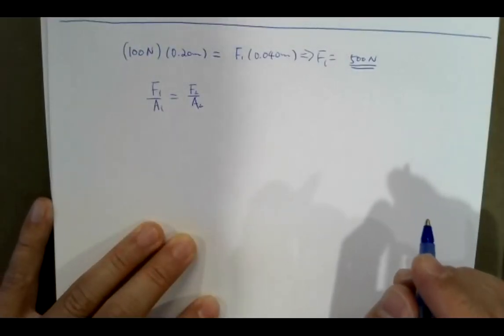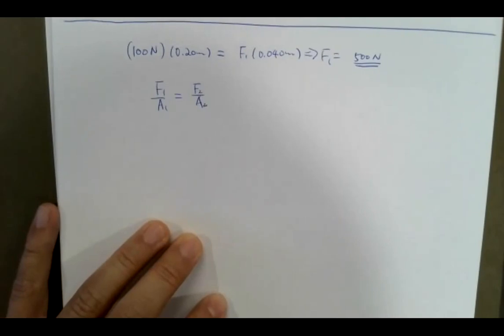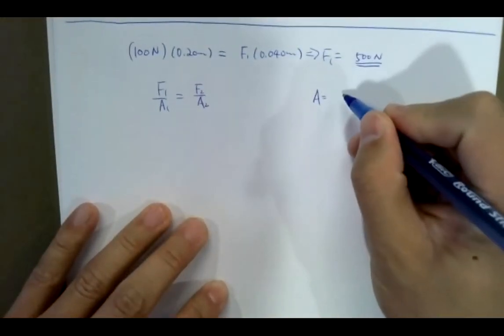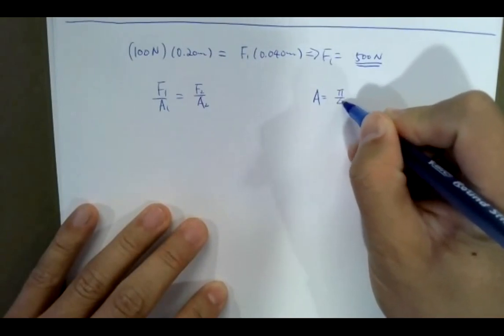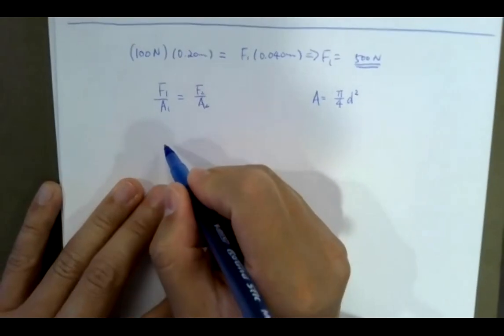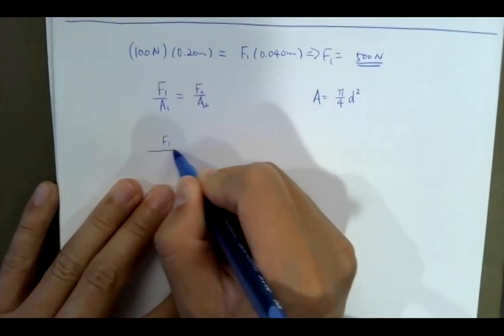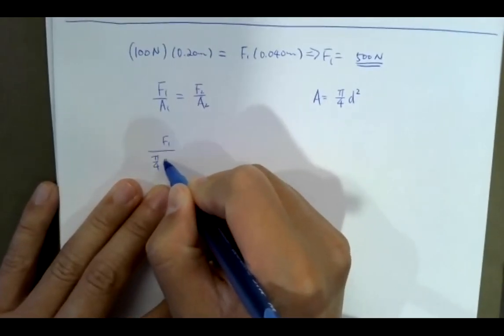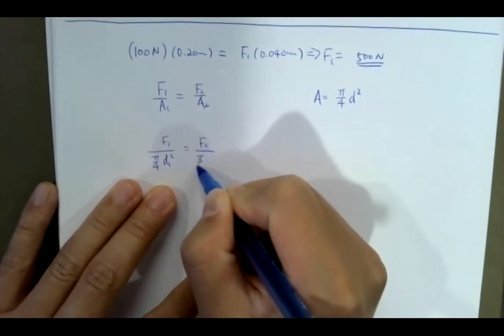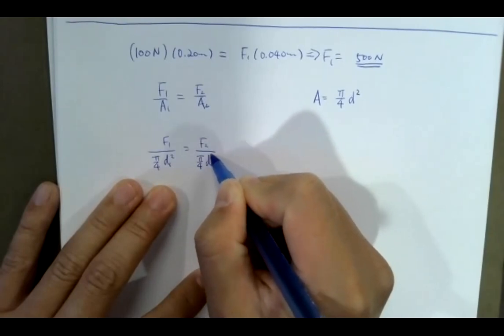Now area is given by the diameter, so pi over 4 times d squared, right? So F1 over pi over 4 times d1 squared equals F2 over pi over 4 times d2 squared.